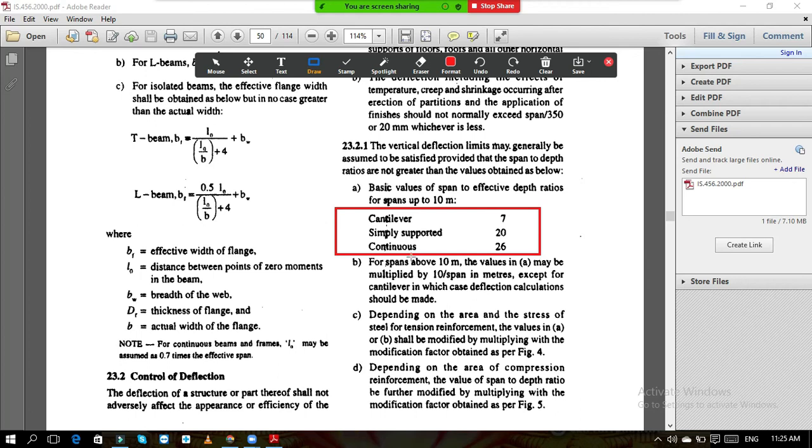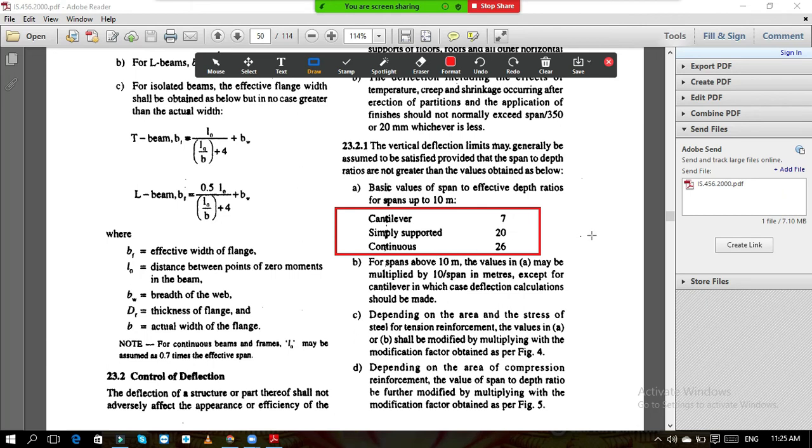So what does it say? The basic span to effective depth ratios for spans up to 10 meter. Okay, up to 10 meter, and it is cantilever 7, simply supported 20, continuous 26.